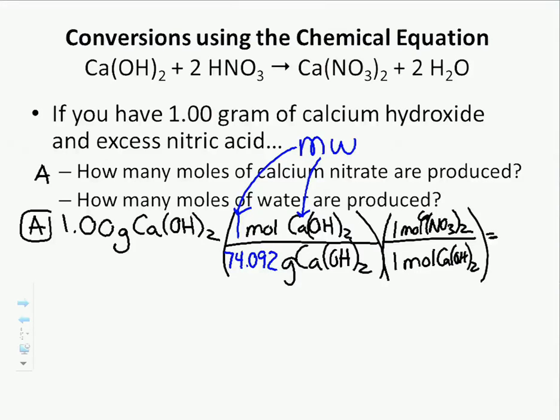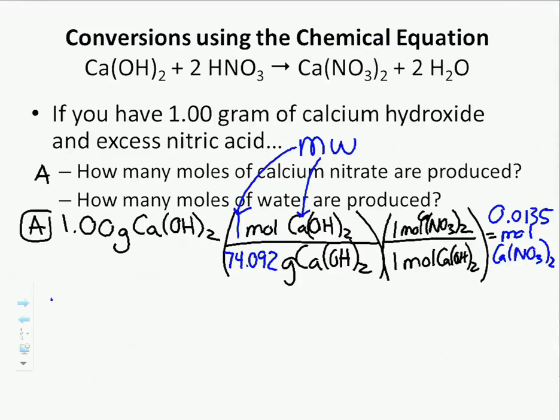So now we can type this all into our calculator and figure out what we get. So if you got 1 divided by 74.092, that means that we should have a total of 0.0135 moles of calcium nitrate. So how many moles are produced? That is our answer for A.